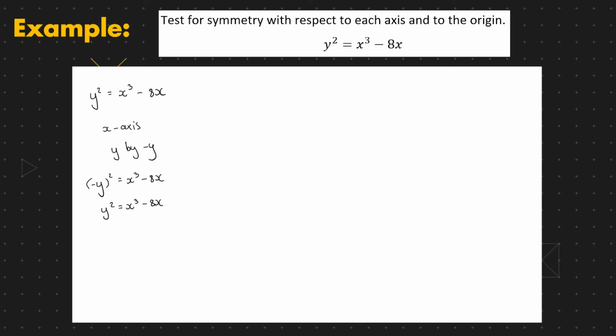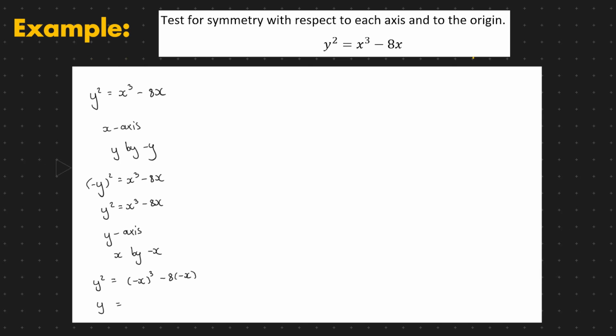So let's go test now for the y-axis. And we're going to replace x by negative x. So we're going to have y squared is equal to negative x to the power of 3 minus 8 times negative x.